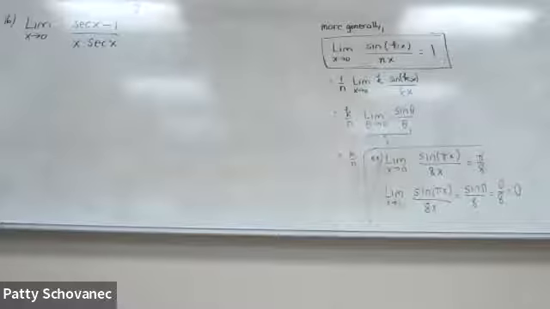So the only other thing I have left to do is get the secants out of there and write them in terms of cosines and hope one of my two special trig limits show up.